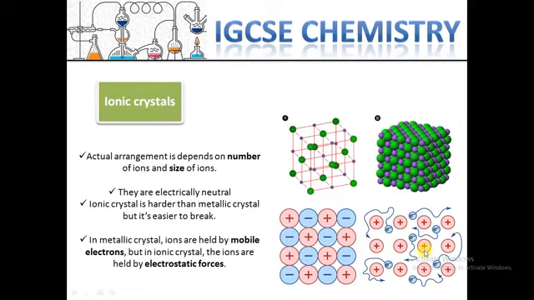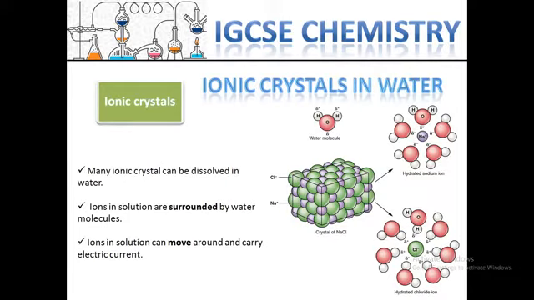This is a comparison: in metallic crystals there are mobile electrons between the positive ions, which keep the structure. And this is a sample of an ionic crystal.